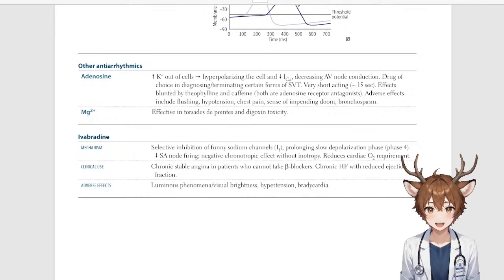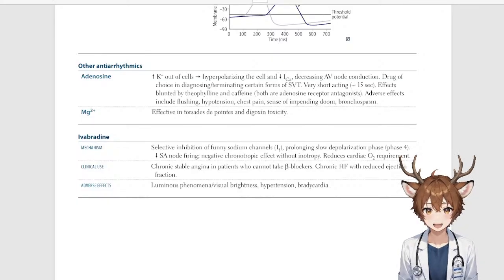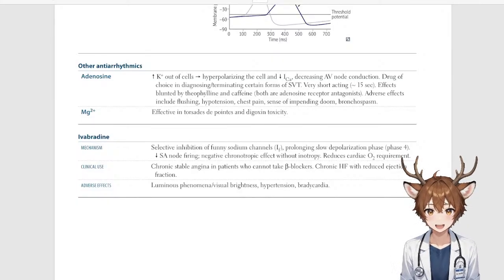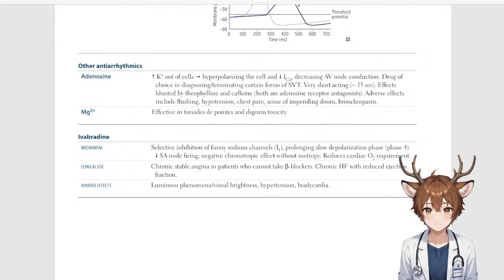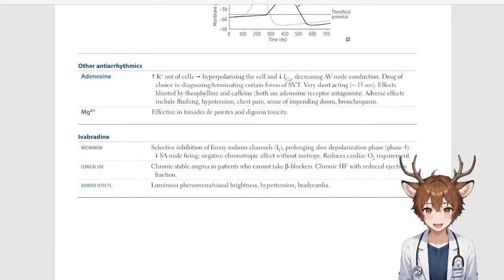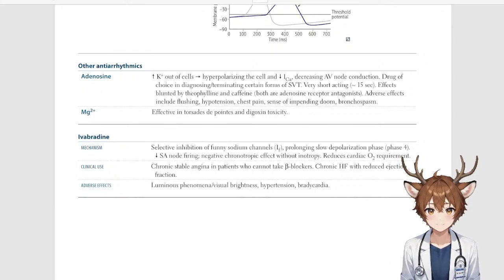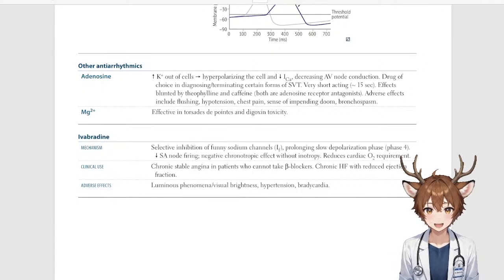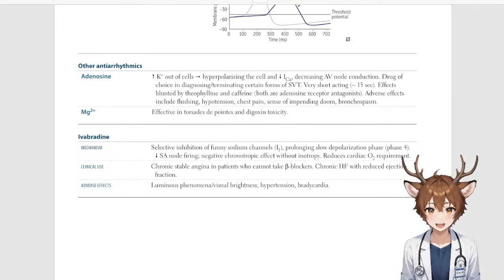Decreasing the ICa, calcium current. Decreasing AV node conduction, drug of choice in diagnosing/terminating certain forms of SVT, very short acting, 15 seconds, effects are blunted by theophylline and caffeine. Both are adenosine receptor antagonists. Adverse effects include flushing, hypotension, chest pain, sense of impending doom, bronchospasm. Not so fun.